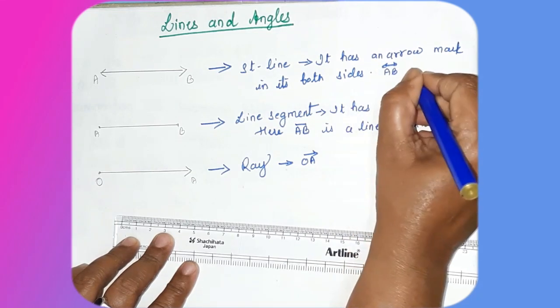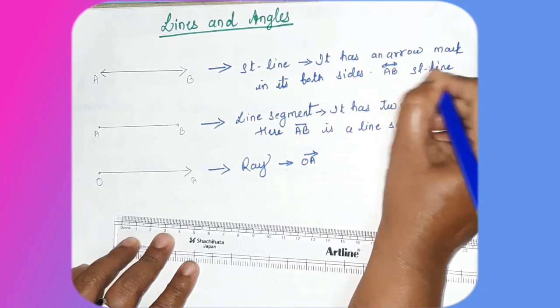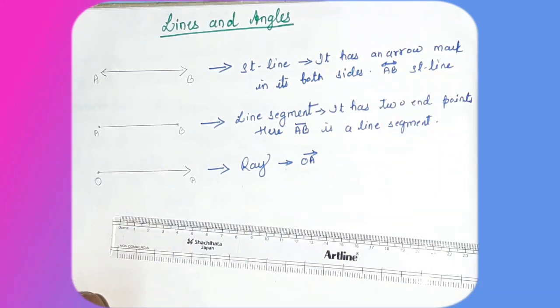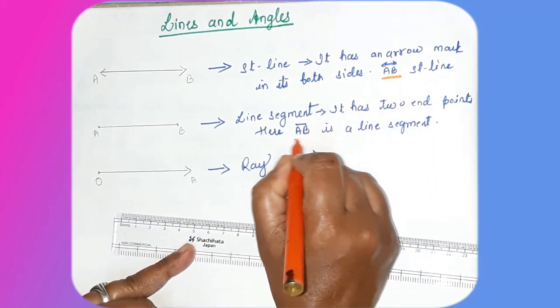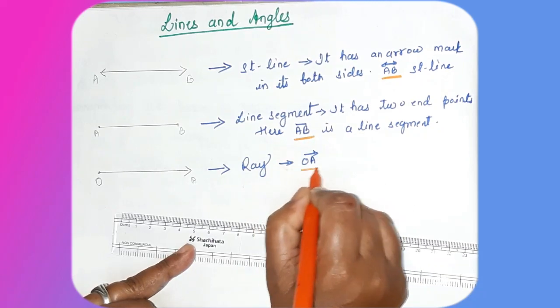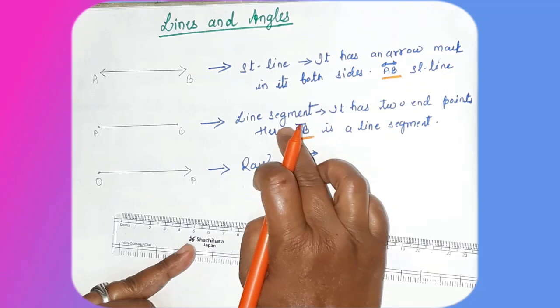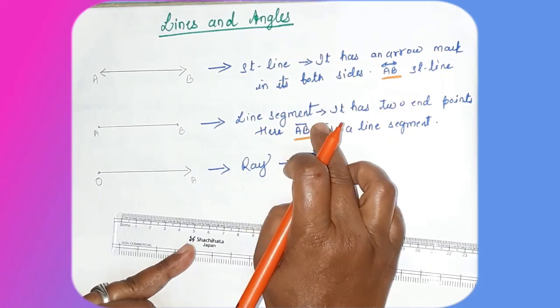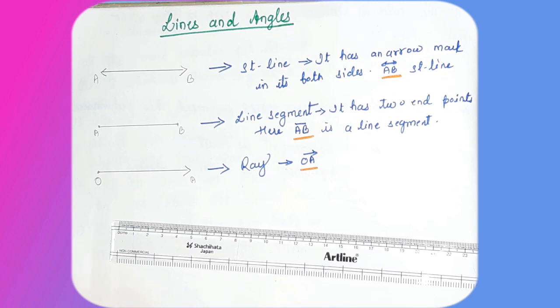See here, straight line. AB is a straight line. See here, I am going to underline and highlight it. Very important symbol you see. This is double direction here, both sides direction. Here just ending points. So line segment; this is one direction, that is ray. Okay.